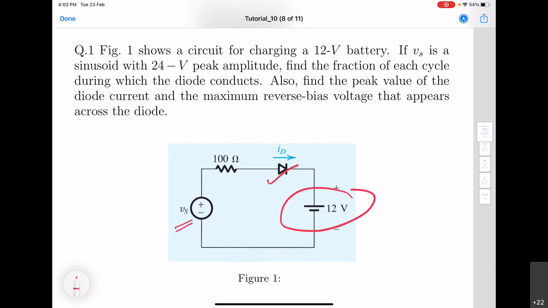And we have a source here, and this source is sinusoidal with amplitude 24 volts.